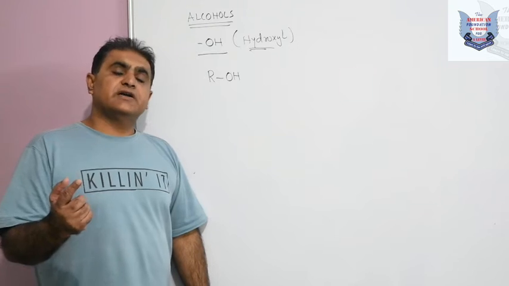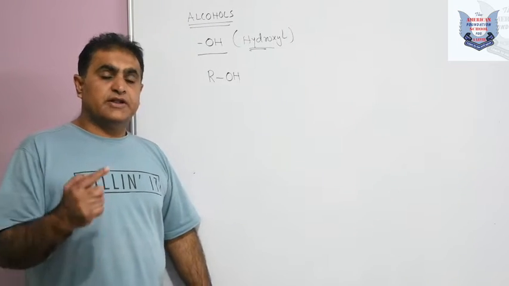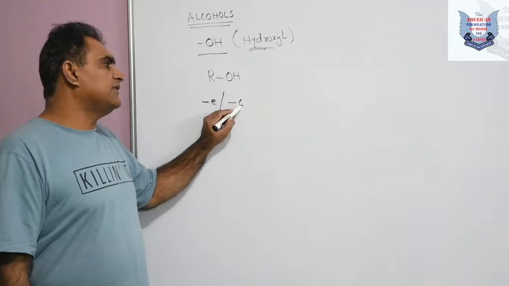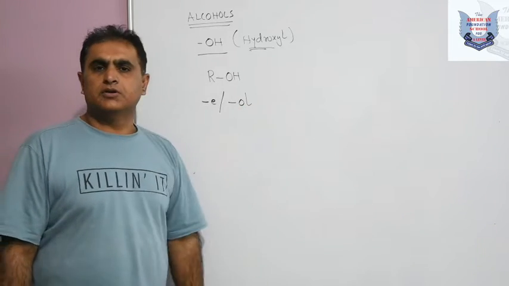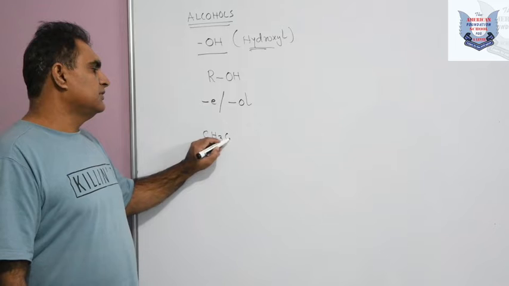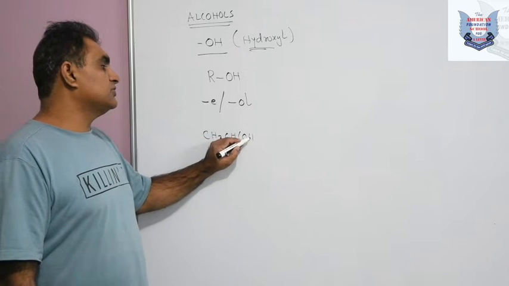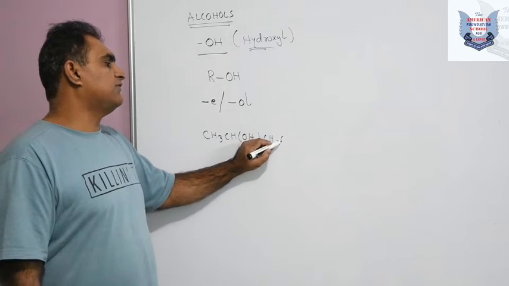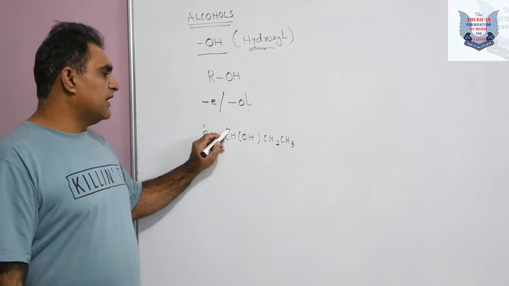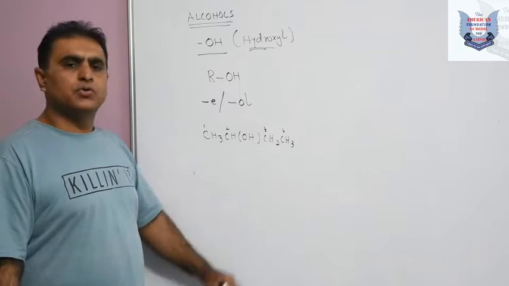We had already discussed the naming of alcohols, and if you recall, in the case of alcohol, the last E is replaced by O. For example, if you want to write the name of this compound, this is CH3, CHOH, CH2, CH3. This is carbon number 1, this is carbon number 2, 3 and 4.